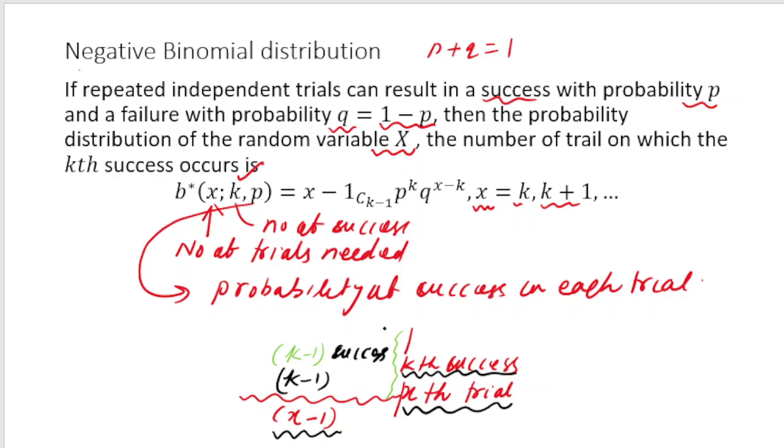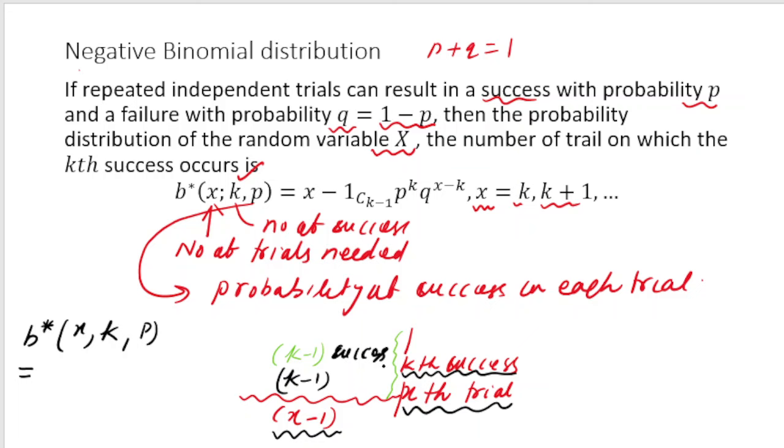Now if you look at this design, I have to calculate the probability of the kth success in x trials, where the probability of success in each trial is p. So how many successes are happening?